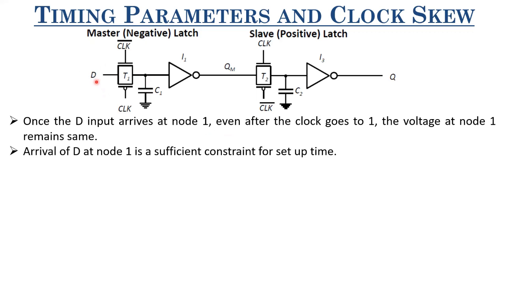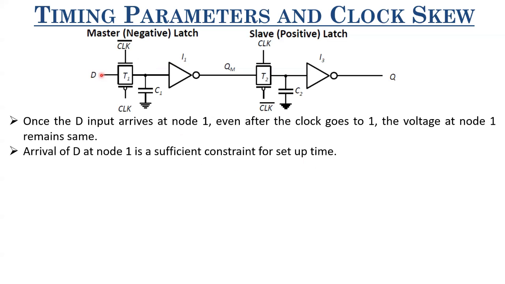So what I'm saying is, they haven't explained it anywhere, but what I could infer after a deep thought was, arrival of D at node 1 is a sufficient constraint for setup time. Why? Because the definition of setup time is the time period before the clock edge for which the input must remain stable.